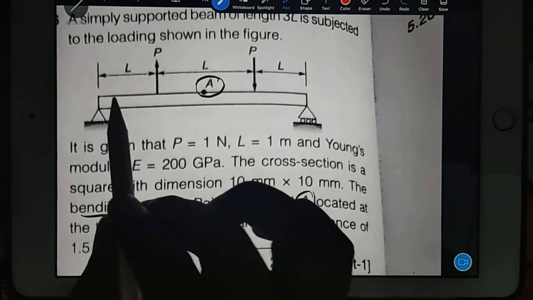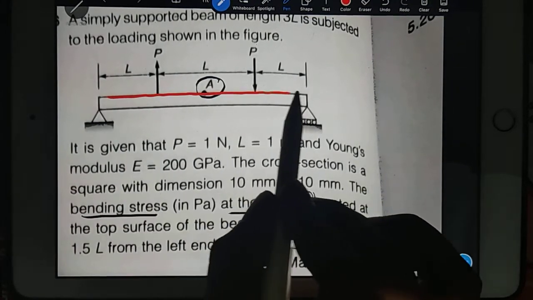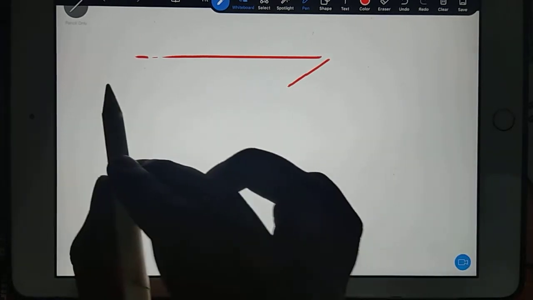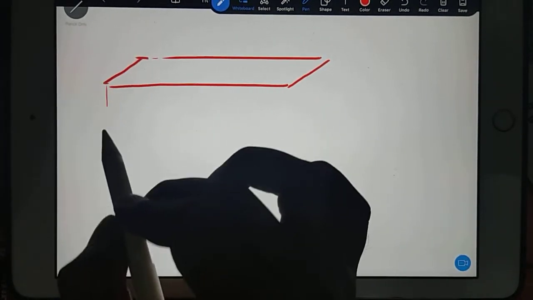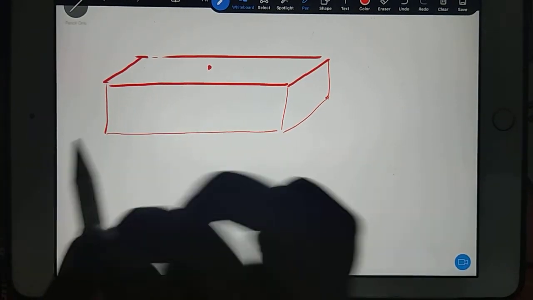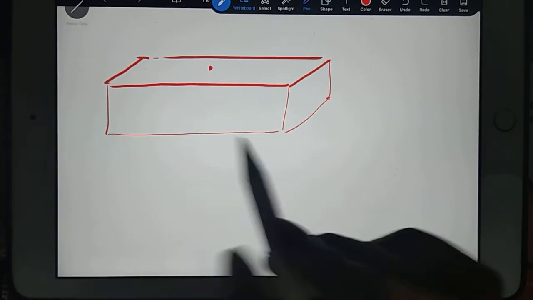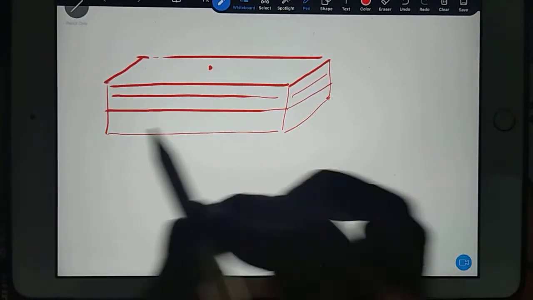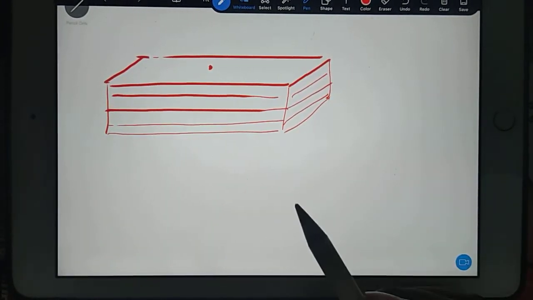The point is located in the upper layer of the beam, correct? See, I will draw in 3D. This is the beam, right? So in the upper layer somewhere here you have A, okay? You have so many fibers here. Suppose this fiber, then this fiber, and so many fibers.